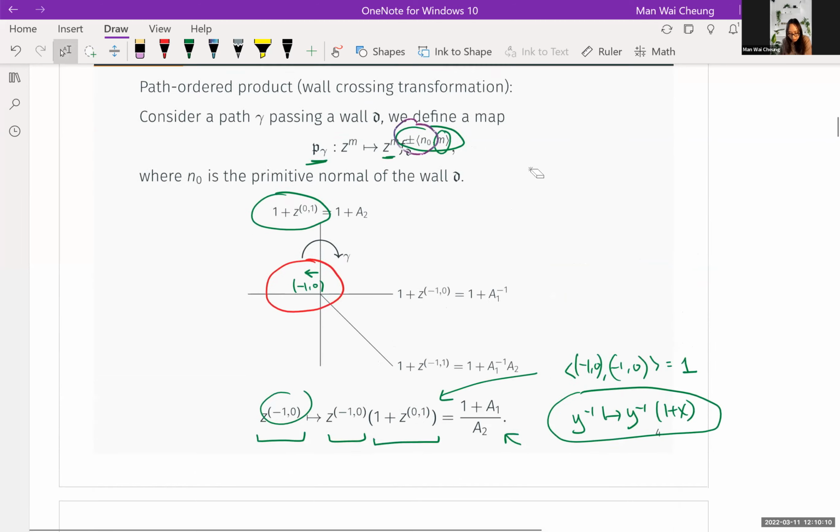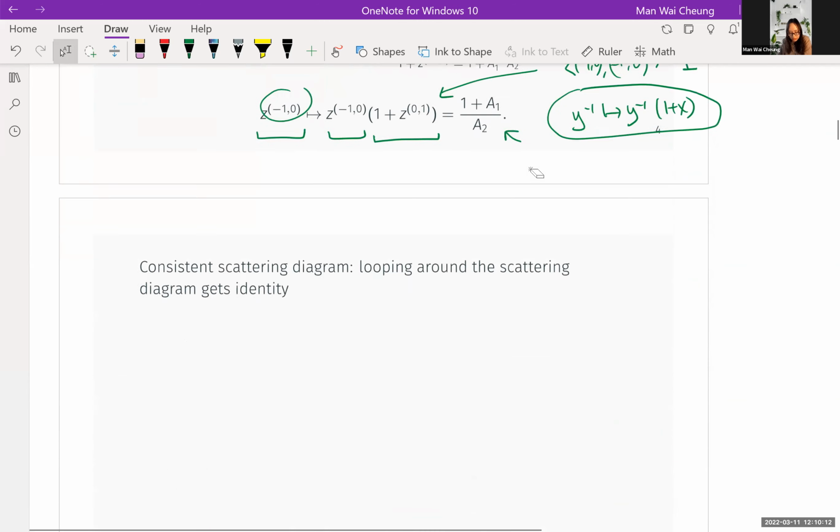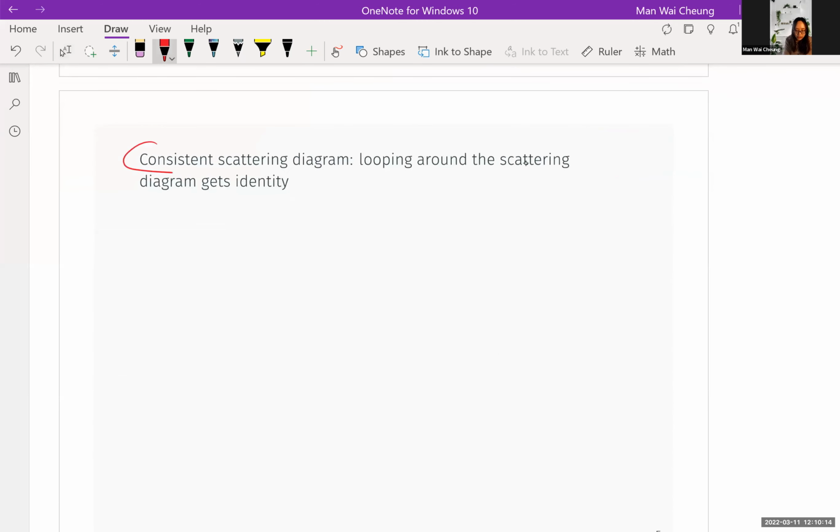Here, one more notion about scattering diagrams is a consistent scattering diagram. In the example I just gave you, just two walls here is a scattering diagram as well, but this one is not consistent.